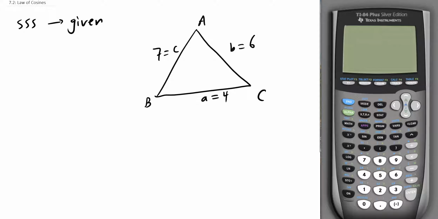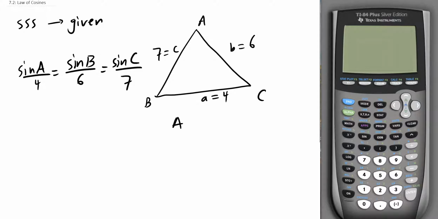If we try to use law of sines, sine A, I don't know A, but I do know small a is 4. I don't know B, but small b is 6. And then sine angle C over c, where c here is 7. So with this, there's no way we can solve for any of the angles.